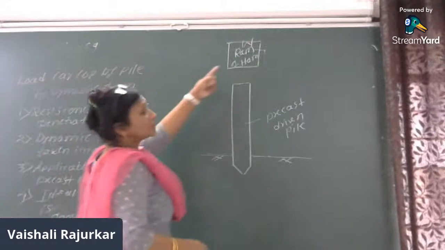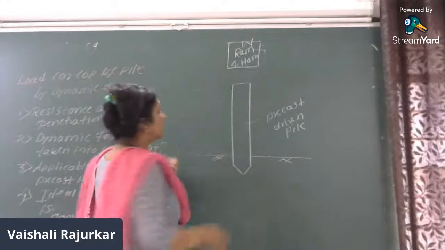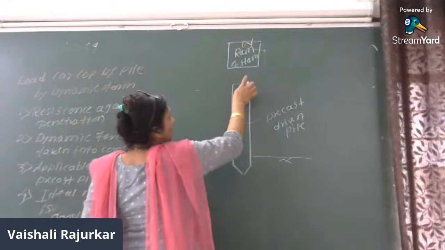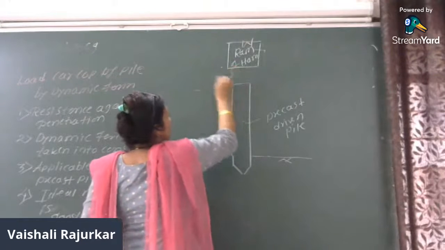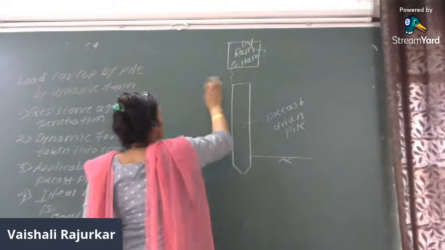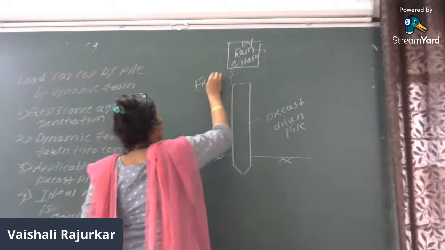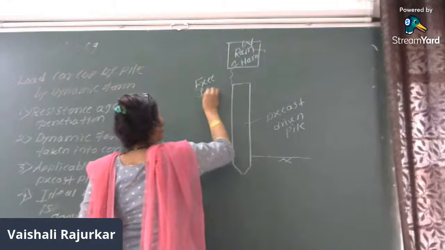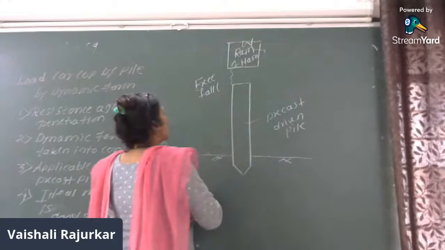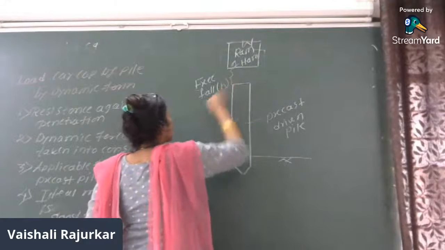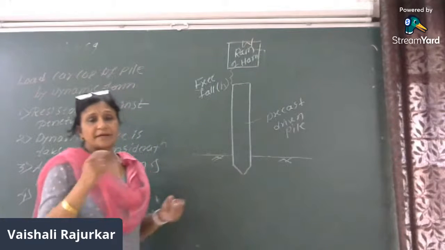Then due to the driving, this weight is falling at the top of the pile, so this is called the free fall, which is denoted by H. So what is meant by driving energy?